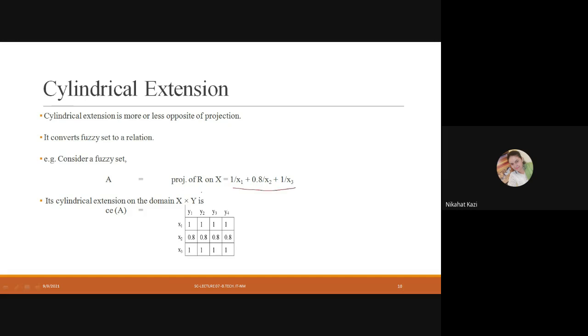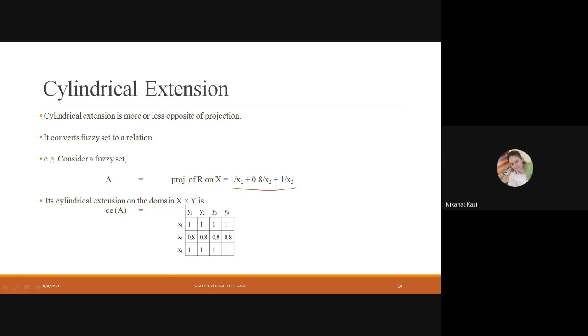If we apply the cylindrical extension, you can extend this to the domain Y. The domain is X, and you can extend it to another dimension, the second dimension Y. You will simply replicate the values along that dimension.